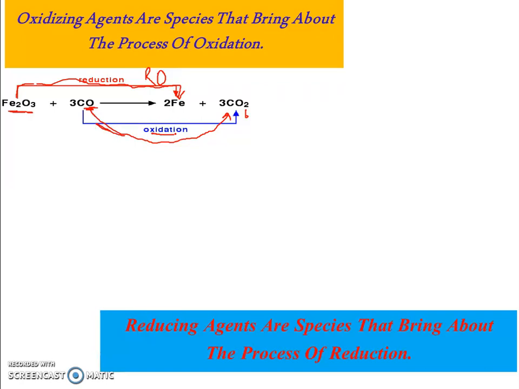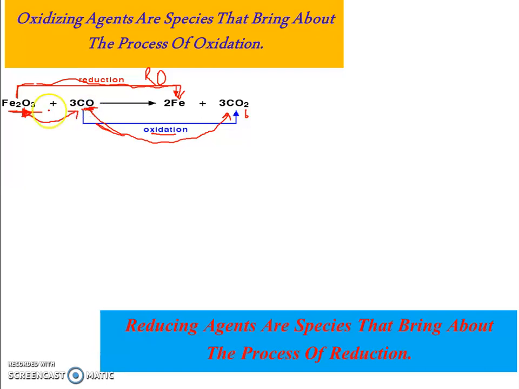But how can we identify oxidizing agent and reducing agent in this particular reaction? Now, this one, like I've established, has been what? Reduced. Now, what substance caused the reduction of this particular iron 3 oxide? What was the substance or the species or the agent that caused the reduction of this one? I guess you can tell me that would have been carbon monoxide. Why is it like that? Because you can observe that carbon monoxide is having just 3 oxygen here.